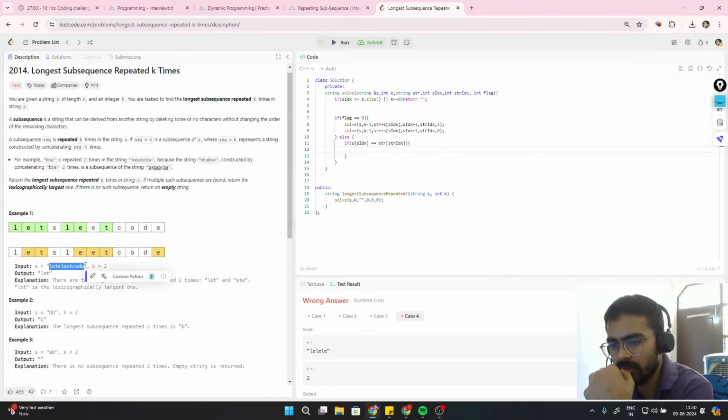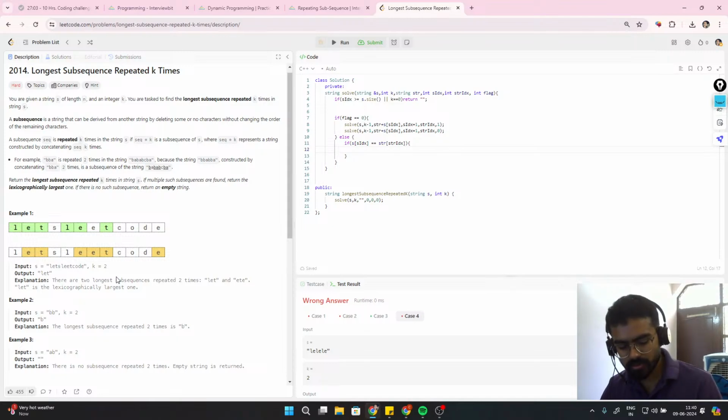N is my length divided by 2. Obviously, it will not increase more than that. Correct, that is one more insight that I found.